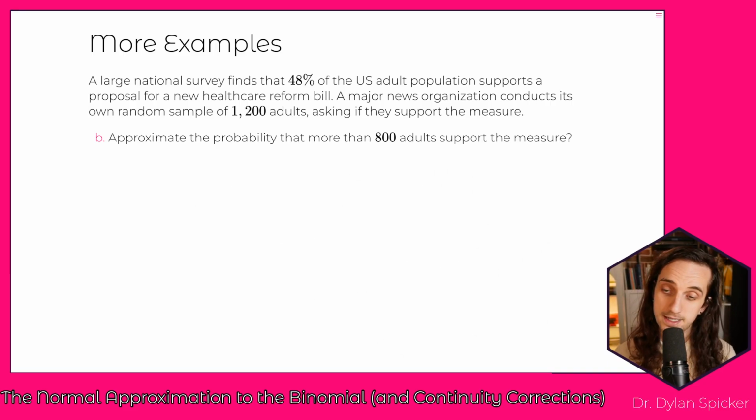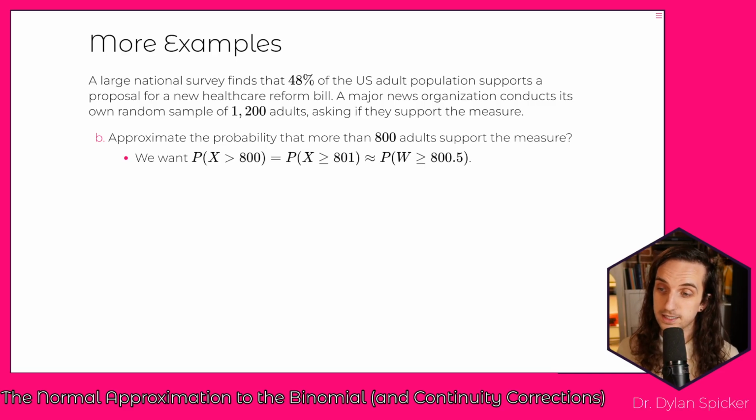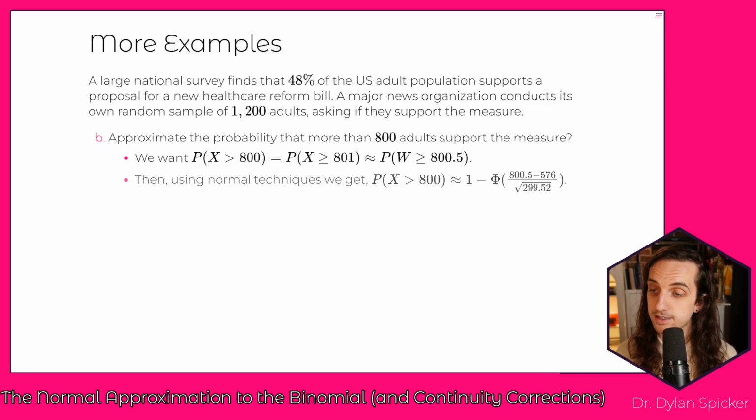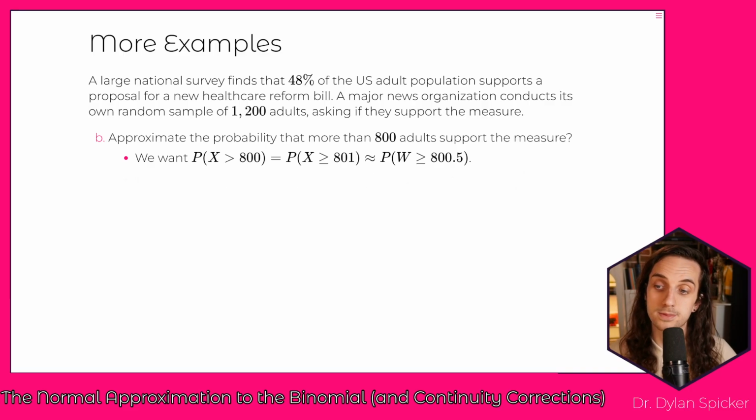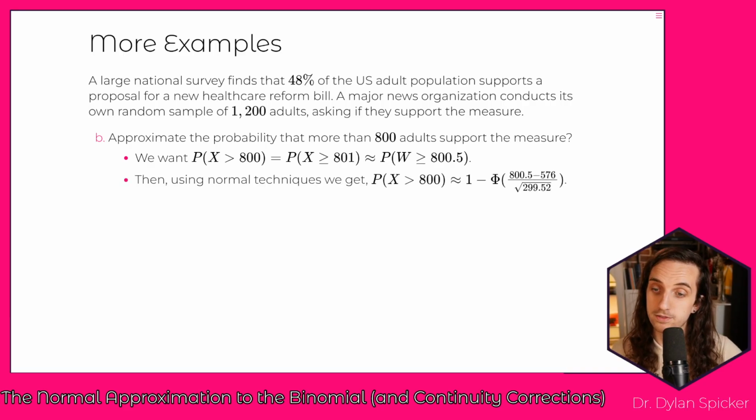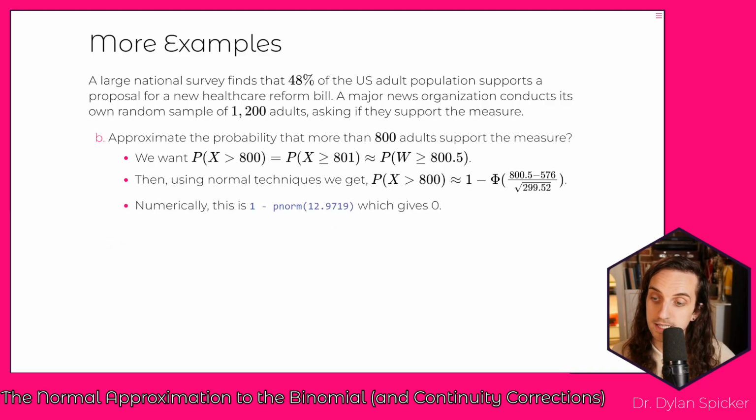So we're using the exact same approximation technique, except we need to make sure that we've converted the event correctly, right? So that's going to be approximately the same as the probability that W is greater than 800.5. Using those normal techniques, we can look at the complement, and so that's 1 minus phi of 800.5 minus 576 over square root of 299.52. That's going to give us 1 minus the p-norm of 12.9, right? That gives us 0 if you plug that into R.